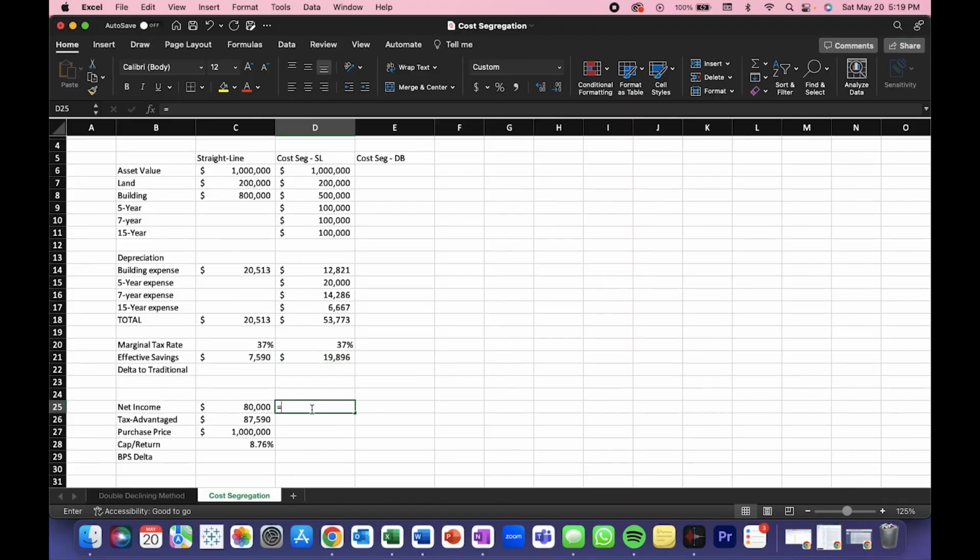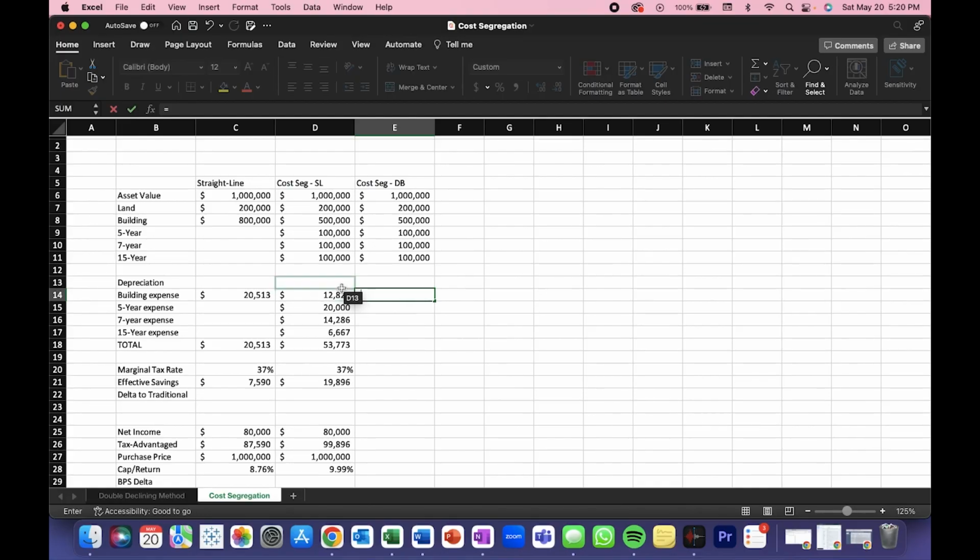At the same net income, our tax advantaged income is now going to be nearly $100,000, which, it's not difficult math, you guys can all tell, is going to end up giving us about a 10% cap rate on that asset. So now we took an asset that our investors or maybe our principals thought we bought for an 8 cap and turned it into a tax advantaged 10. Really impressive stuff, guys. It's really cool, but that is only using straight line.